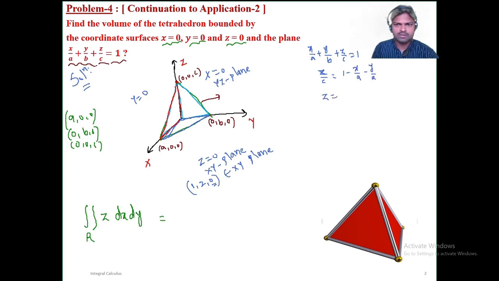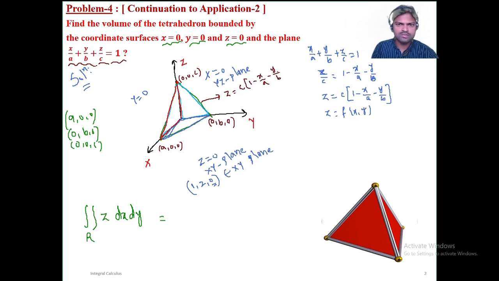And z is equal to c times (1 minus x/a minus y/b). So this is a surface, called z is equal to some function of x, y. Therefore here the surface equation is z = c(1 - x/a - y/b).